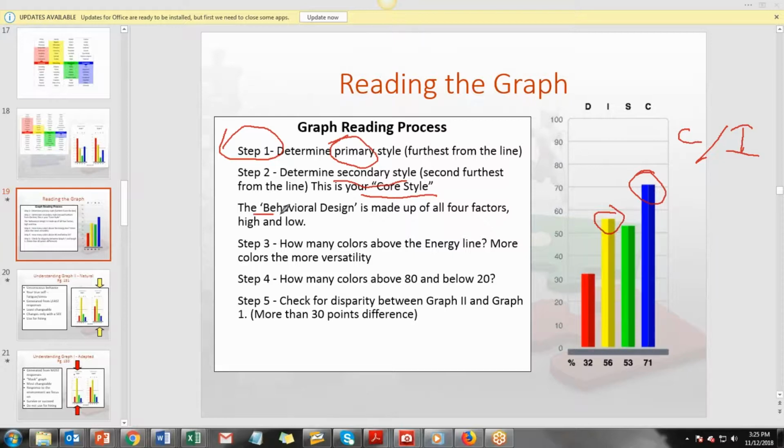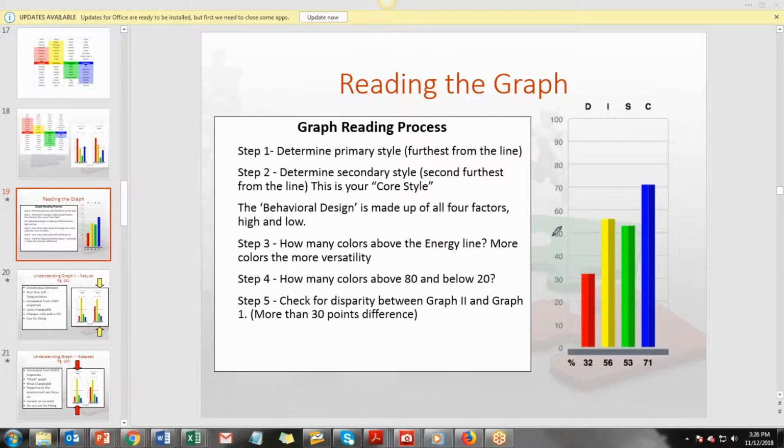The other term is behavioral design, which is all 4 colors. If you have low colors, it doesn't mean we ignore them, but we'll come back to that.